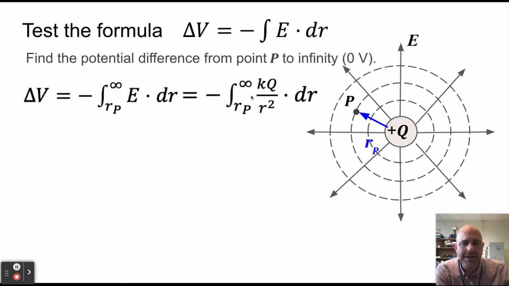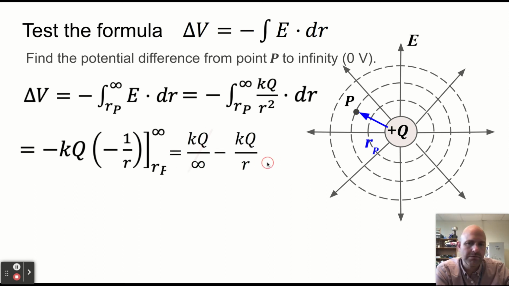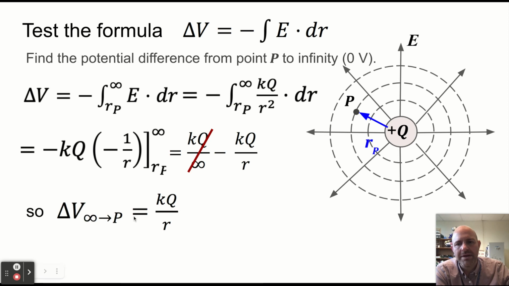So we integrate from RP to infinity, KQ over R squared, that's the electric field, dr. And if you do that, you end up with negative KQ times negative 1 over R from RP to infinity. You plug that in, KQ over infinity is 0. Got that negative there, and you end up with a positive value. The two different negative signs kind of go away, right? And you end up with the change of potential from infinity into P being positive, and from P out to infinity being negative, because you're going downhill for one and uphill for the other, right?